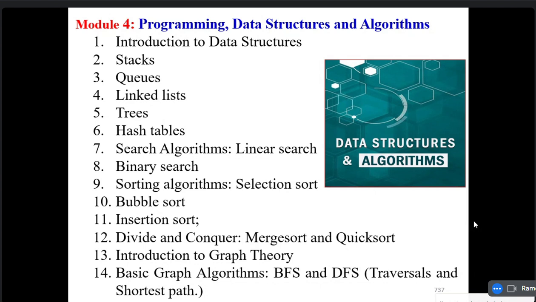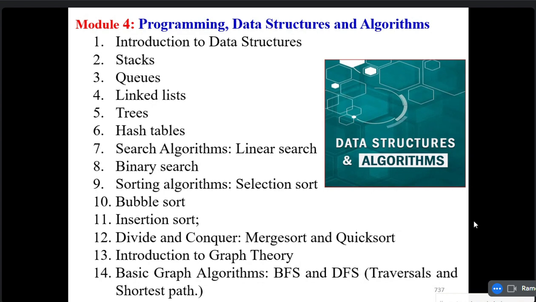Examples like arrays, stacks, queues, linked list. Then we are going to see the second type of data structure, called non-linear data structures, a systematic way of organizing data, storing the data, representing the data, and retrieving the data in non-linear fashion, that is hierarchical fashion. Examples are trees and graphs.